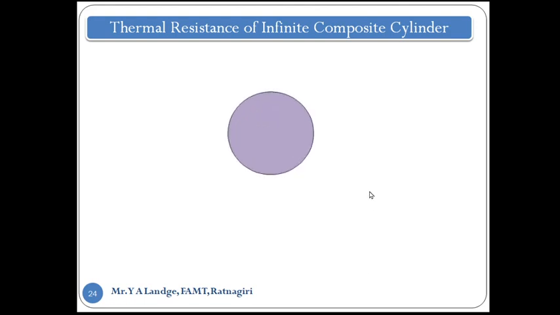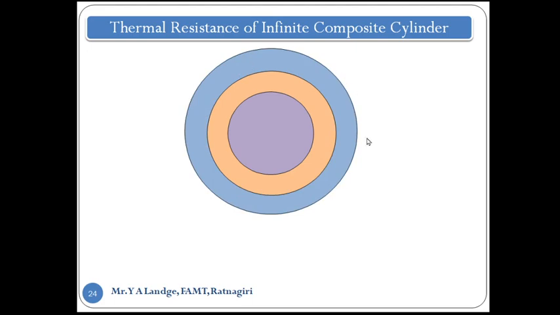So consider a cylindrical pipe on which another solid surface is lagging, and on that, another surface is lagged. So the one and two surfaces are lagged on the pipe, and this pipe has a particular thickness.